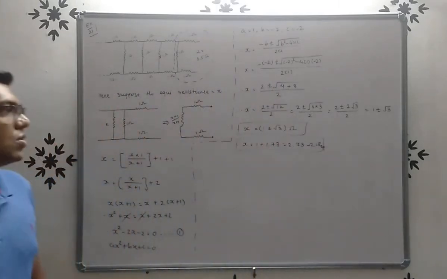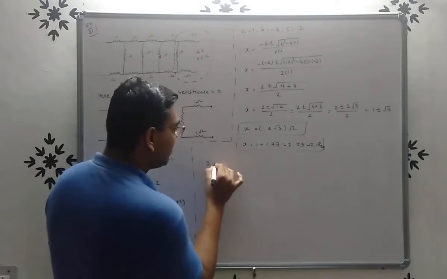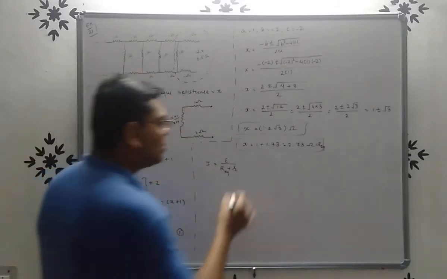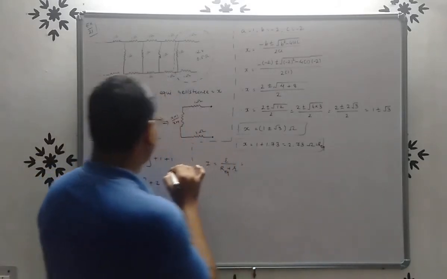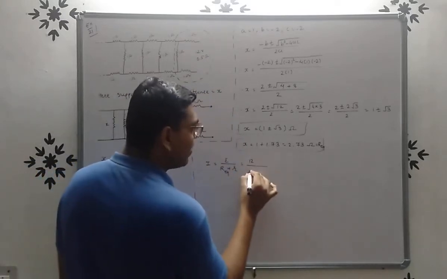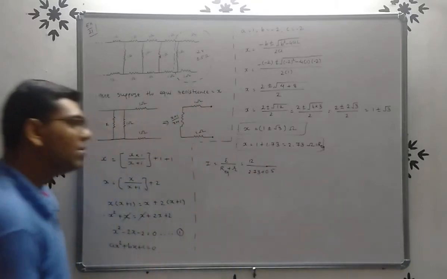Right. So now we have to find out the value of current. So we know that I is equal to E upon capital R plus small r. Capital R is R equivalent. So the value of EMF is 12 upon the value of R equivalent, 2.73 plus 0.5. Right.